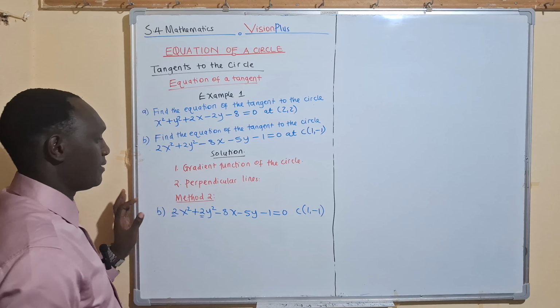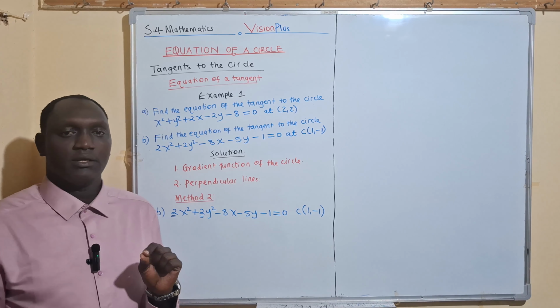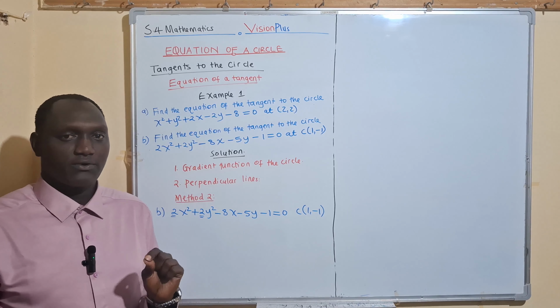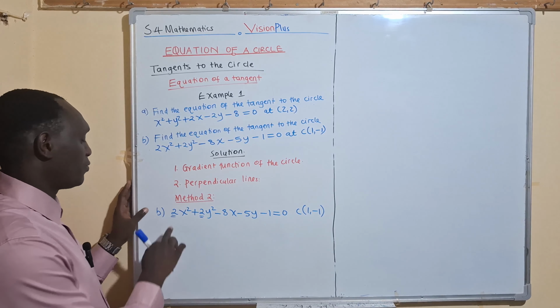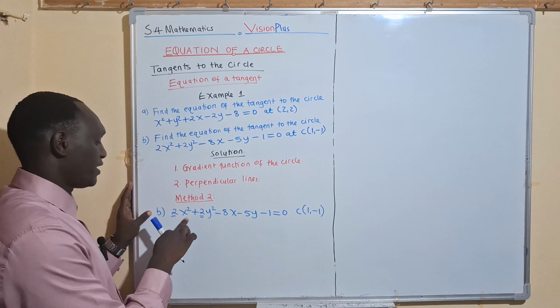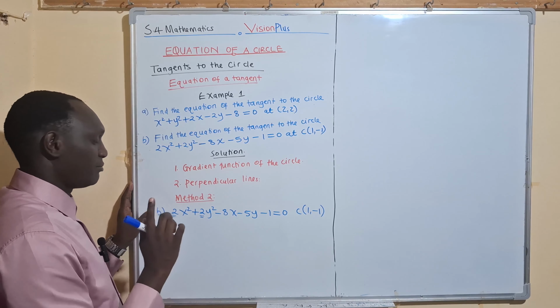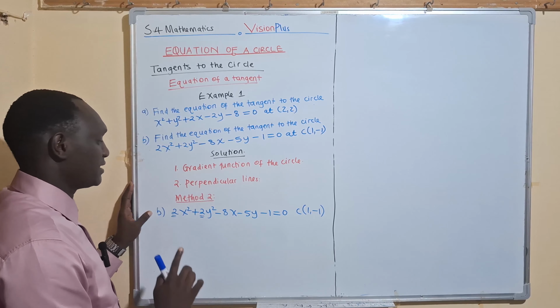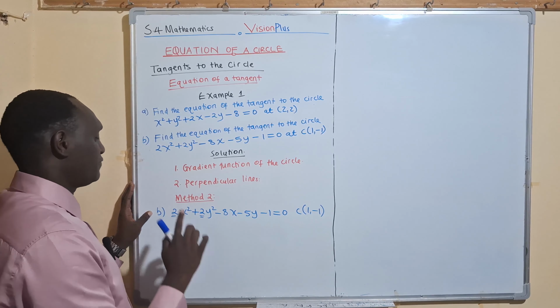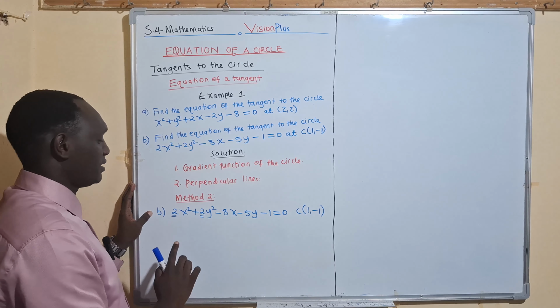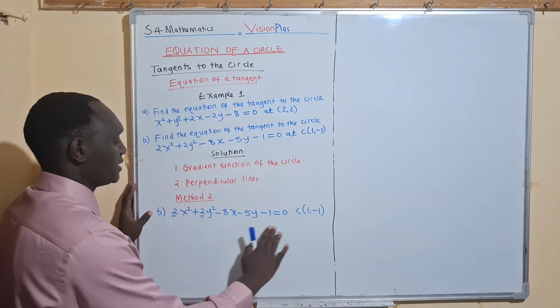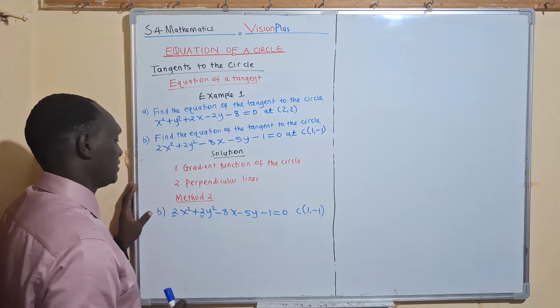But because we are going to get the center of the circle, it is important that we make the coefficients of x squared and y squared 1. Why? Because we are going to get the center of the circle. If you are not going to get the center, you can use the equation the way you want.